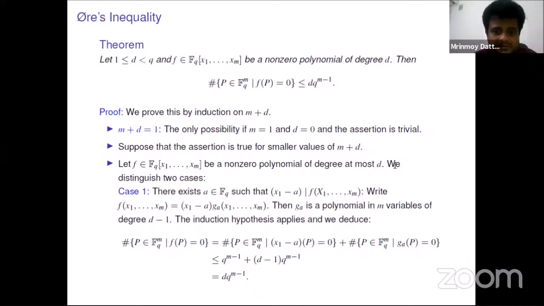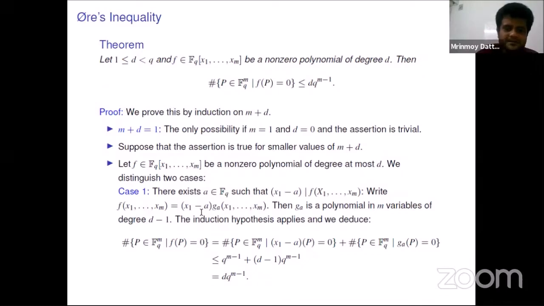So there exists an element a in Fq such that x1 minus a divides this polynomial completely. So I can write f of x1, x2, ..., xn as x1 minus a times some Ga of x1, x2, ..., xn. Ga denotes the quotient of this polynomial when it is divided by x1 minus a.